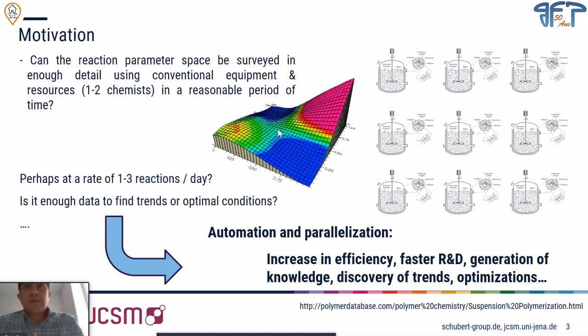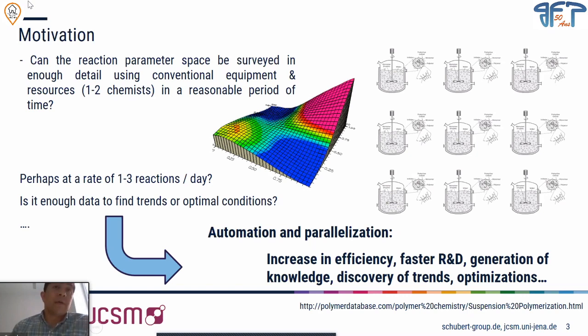So that's the whole idea. Just increase the number of reactors, and also try to use some automation to feed some chemicals, or to take out some samples, or to characterize the systems online, in situ, or offline later on.